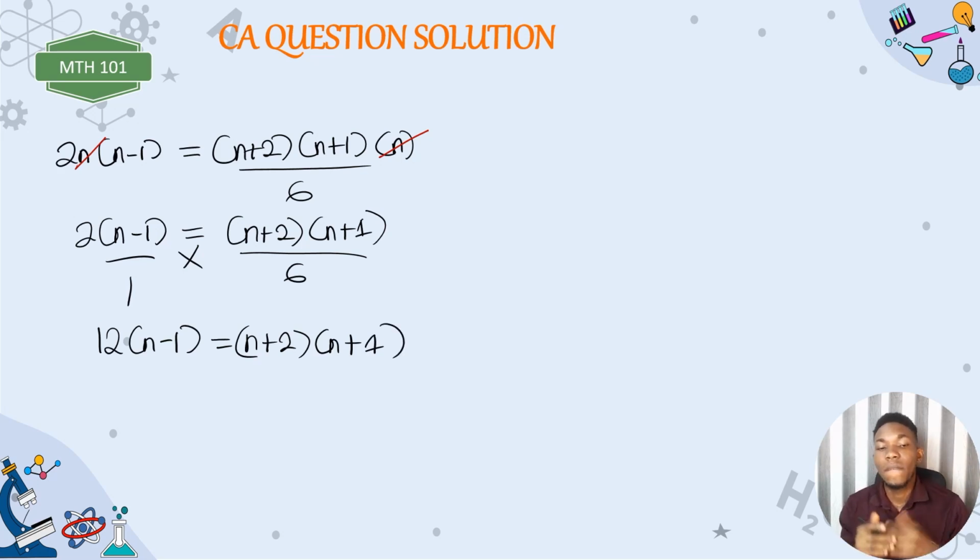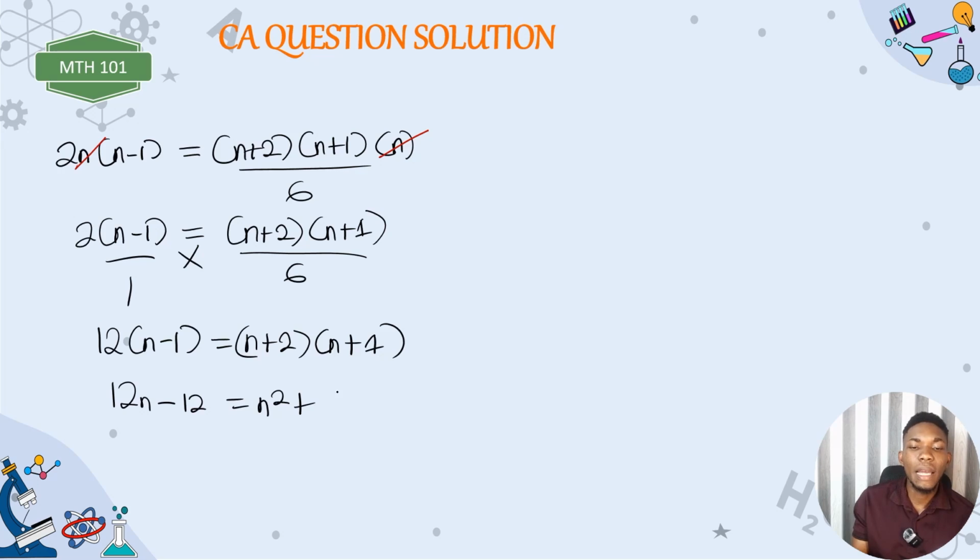Now, 12 times n will give us 12n, minus 12 times 1 will give us 12, is equal to n multiplied by n, which gives n squared, plus n times 1 which gives n, plus n times 2 which gives 2n, plus 2 times 1 which gives 2. So you have 12n minus 12 is equal to n squared plus 3n plus 2.